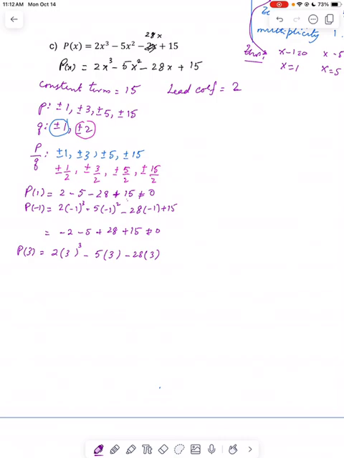Okay, plus 15. So this is 2 times 27 minus 5 times 9 minus 28 times 3, which is 3 8s are 24, 3 2s are 84.